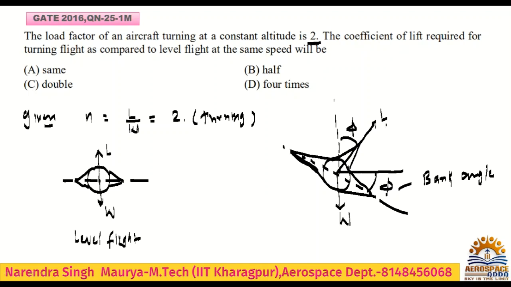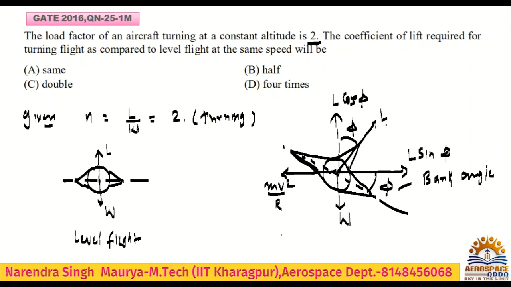This is lift, so this component will be L cos phi, and the horizontal component will be L sin phi. It is turning, so it follows circular motion, and that force acts away from the center, the centrifugal force.